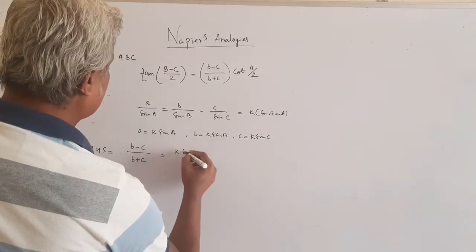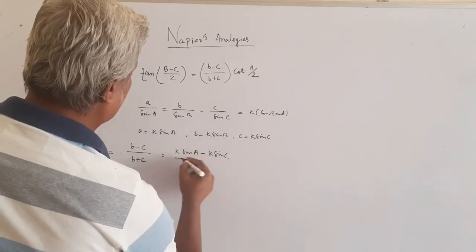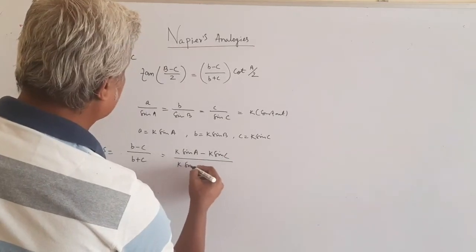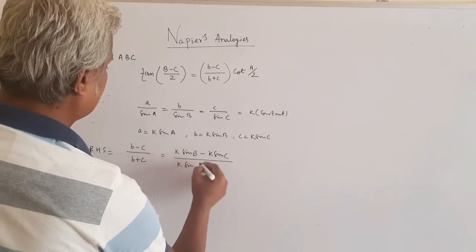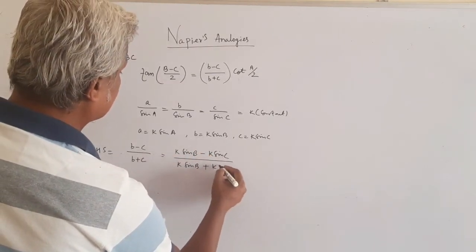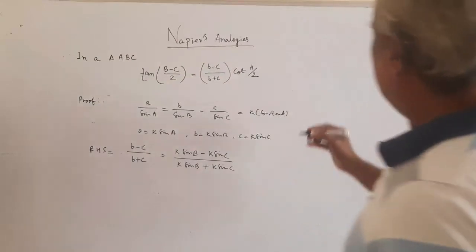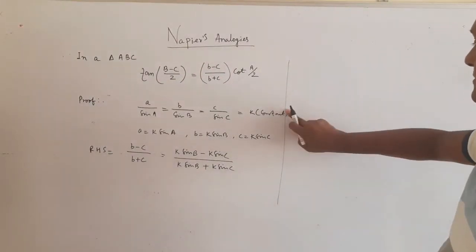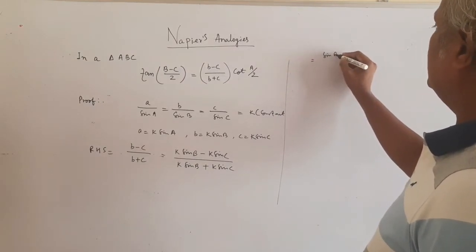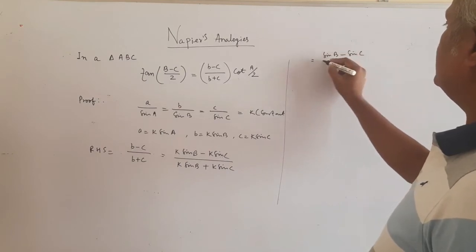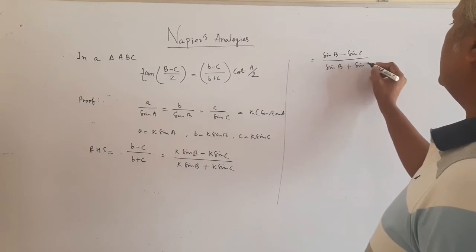So this is k sine B minus k sine C upon k sine B plus k sine C. Now take k common and cancel it. Then you get (sine B minus sine C) upon (sine B plus sine C).